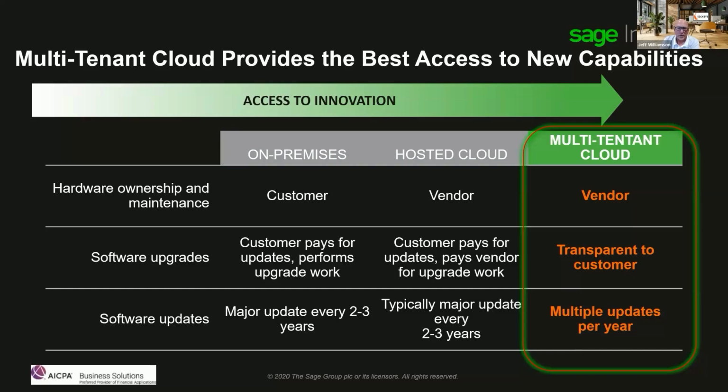And so are all the other users of Sage Intacct as well. So they're really transparent to you as the user when those come out, and all the new features and functionality will be there. Doesn't mean they're necessarily all turned on, but those features are there for you guys.